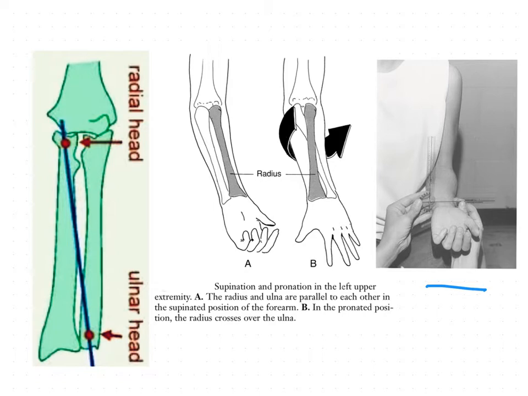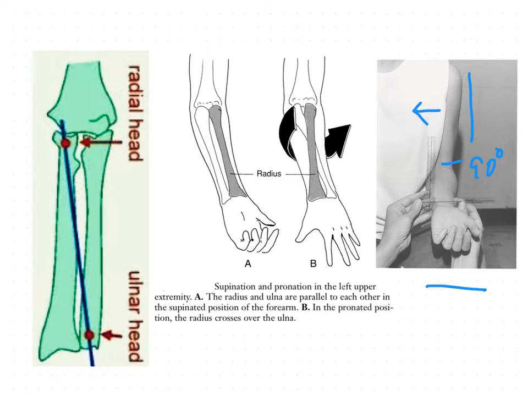How does the position of the patient have to be maintained here? In the clinic, the range of motion of supination and pronation is assessed with the elbow flexed. The elbow is flexed and held against the trunk in 90 degrees of flexion. That means the upper arm has to be attached to the trunk, and 90 degrees of elbow flexion has to be maintained. Why is this position required?